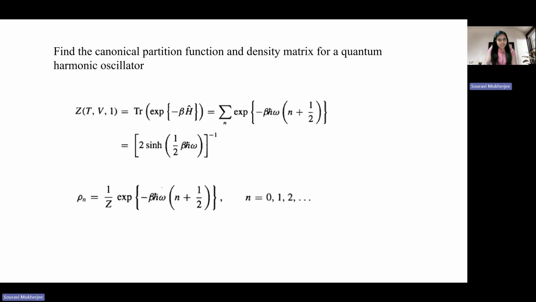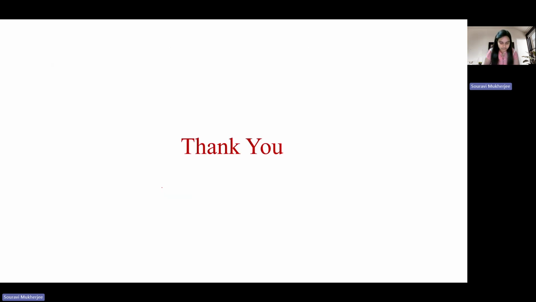They will be very similar. The expressions will all be similar, but you can write them in the matrix form. Okay, and as we proceed in the course, you will see that this will be very useful when we talk about different quantum statistical systems. Okay, so I think that's it.